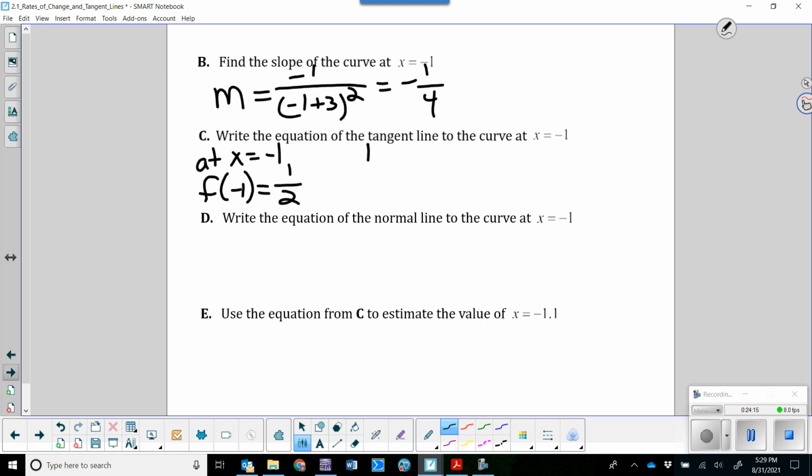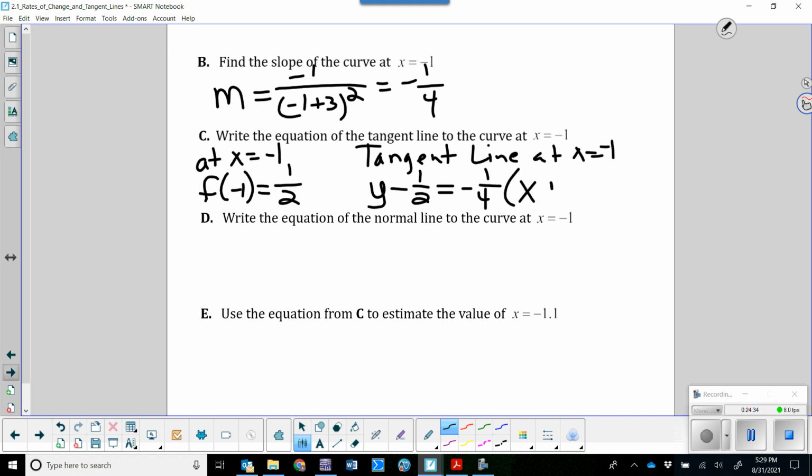So that means the tangent line at x equals negative 1 is going to be y minus the y, which I just found to be 1/2, equals the slope, which I just found in part B, times x minus the x, which would be x minus negative 1, which is x plus 1. And then you can just absolutely leave the answer like that. You can also write it with plus 1/2 on the right instead of minus.